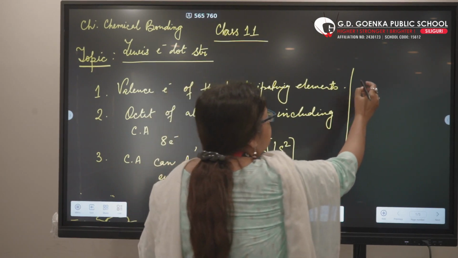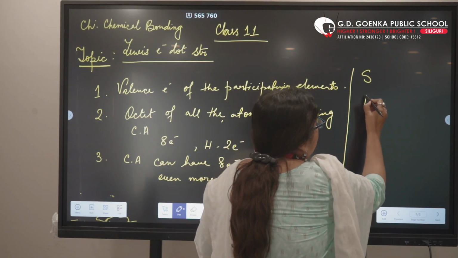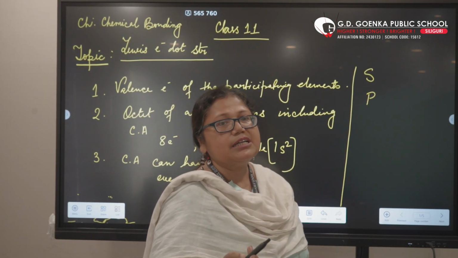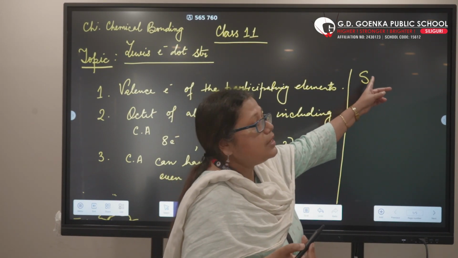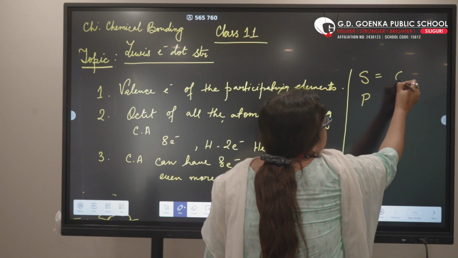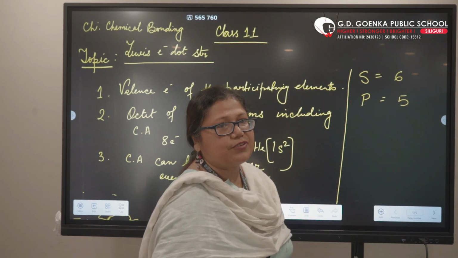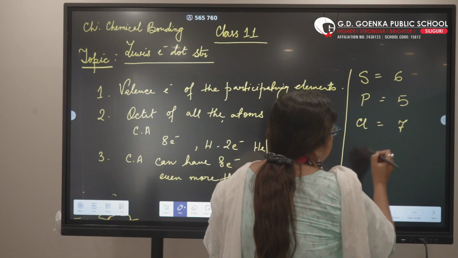For example, we have elements sulfur and phosphorus, where the maximum covalency can be more than this. Sulfur's maximum covalency is 6, phosphorus's maximum covalency is 5. For chlorine, maximum covalency is 7.